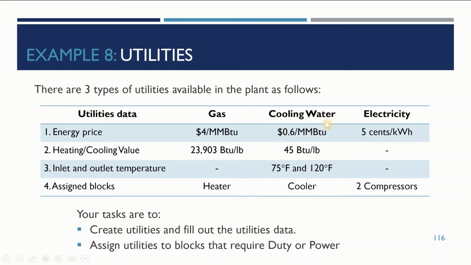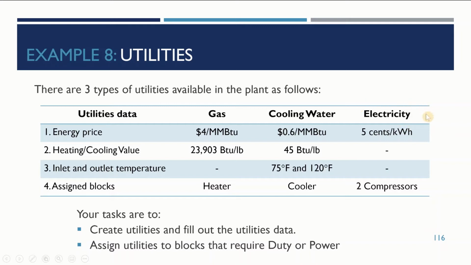For cooling water, the energy price will be $0.6 per MMBTU, with the cooling value 45 BTU per pound, and the inlet and outlet temperature will be 75 and 120 Fahrenheit. And the cooling water should be assigned to the cooler block.